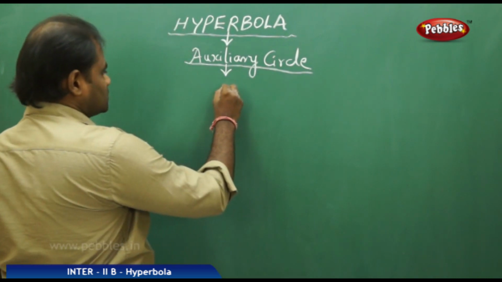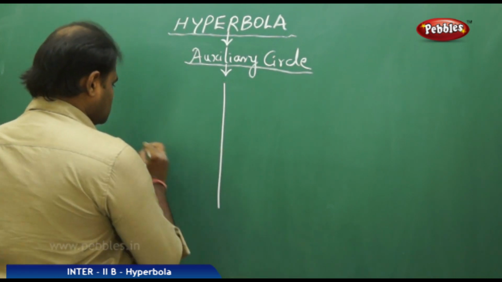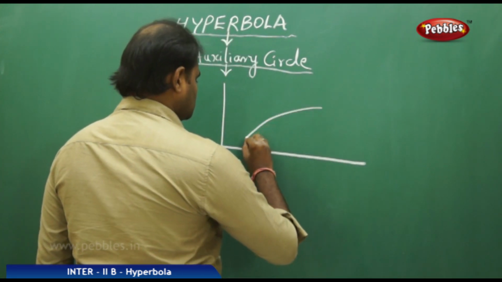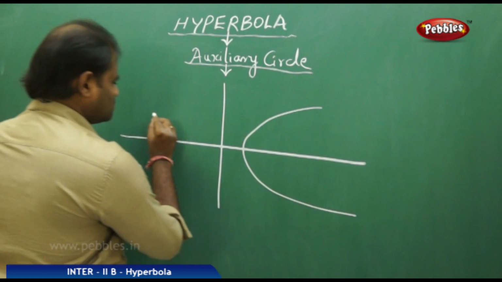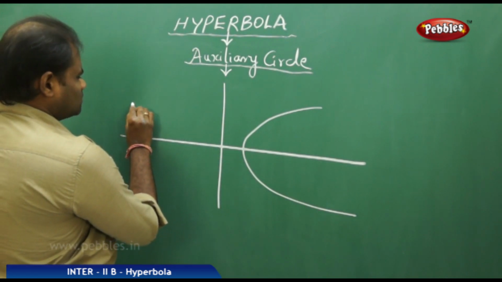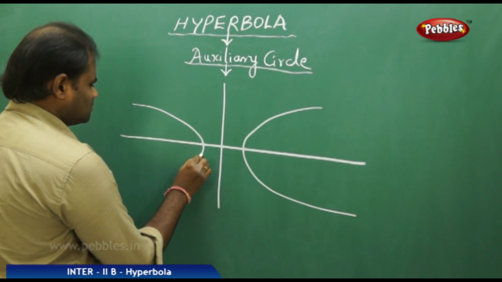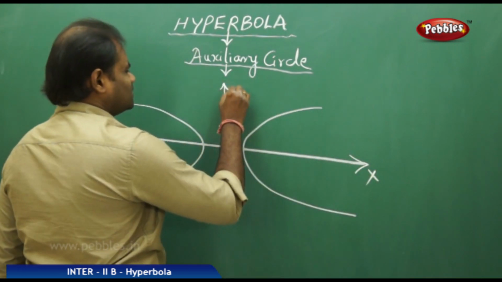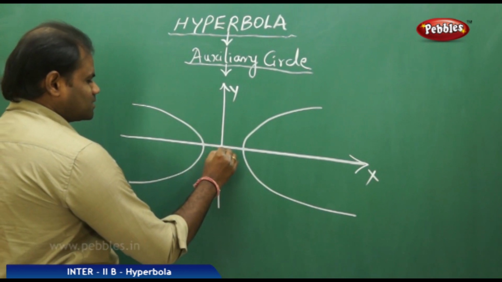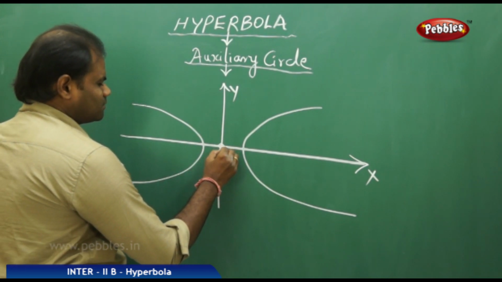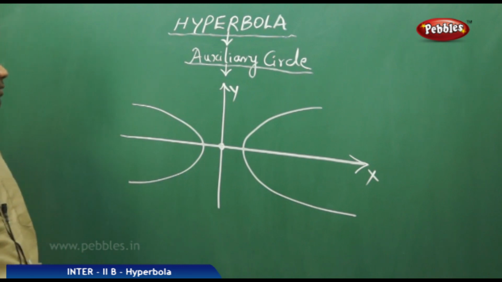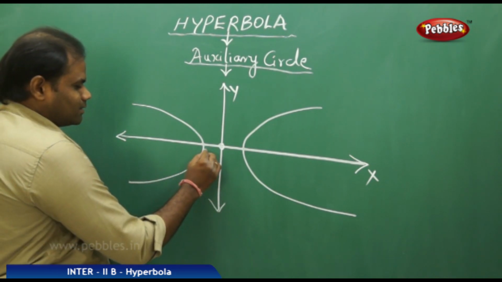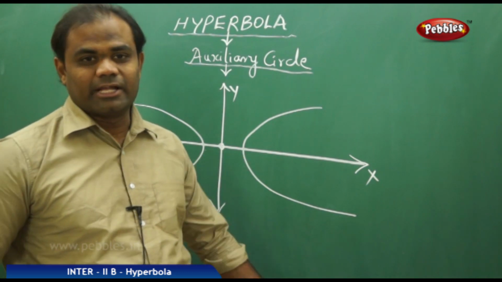We have the x-axis, y-axis, and this is the origin. Now using this, we describe the auxiliary circle taking the length of the transverse axis as the diameter.